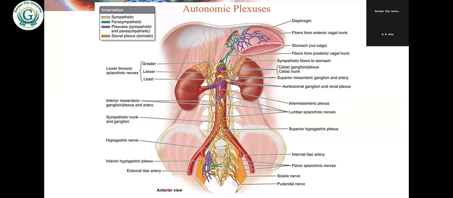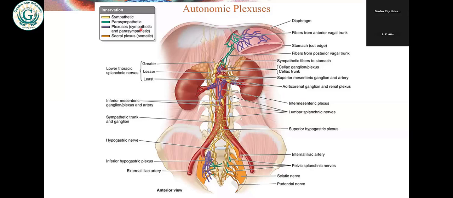Now, if you look at the color here, you realize that it's mixed. It contains both sympathetic and parasympathetic nerves. In fact, it even contains visceral sensory nerves. That one is very, very important.